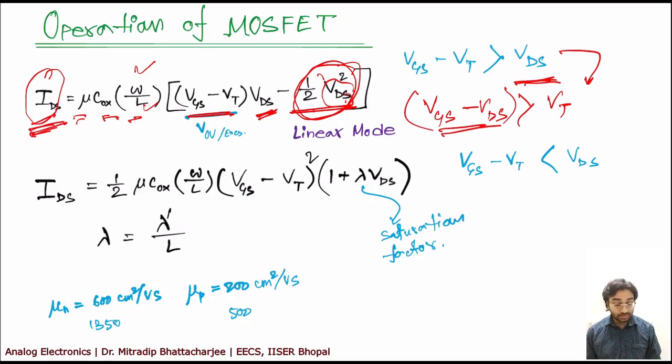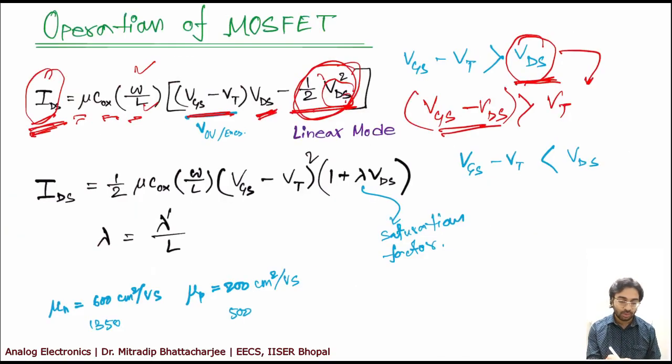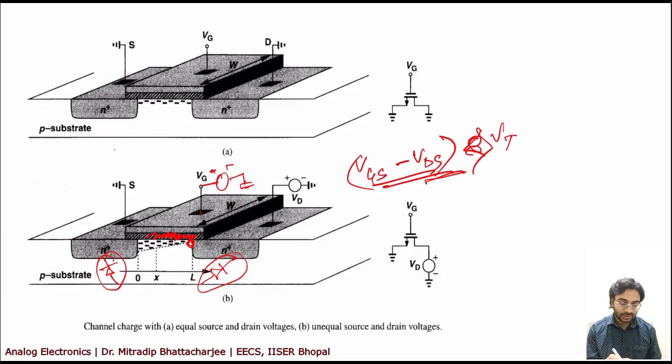However, if you start increasing VDS, what will happen? Look at this. If you start increasing VDS, in the equation this VDS term will start dominating. Say your VDS value is increasing.